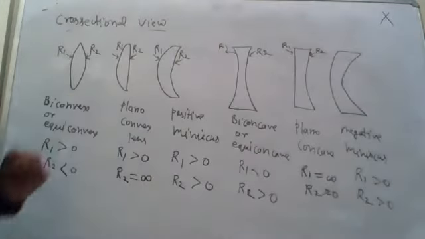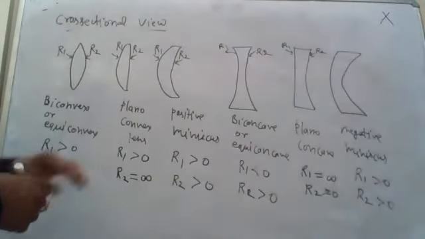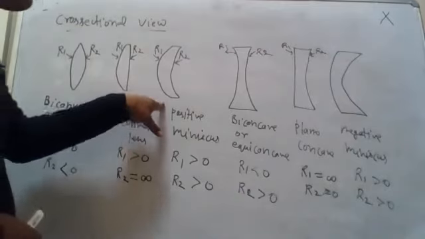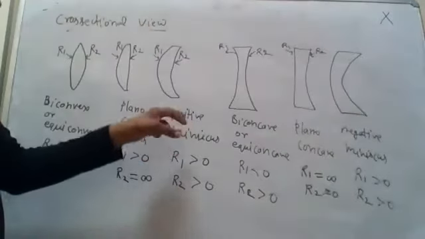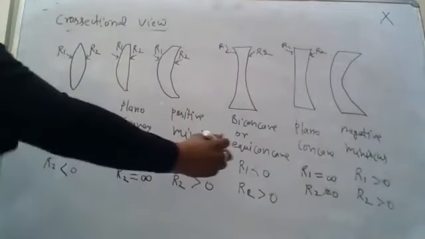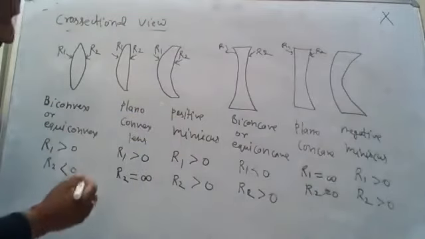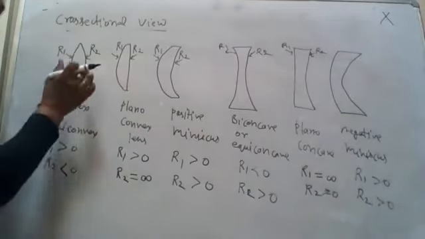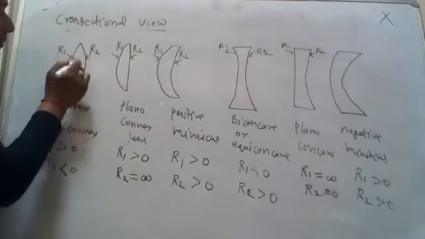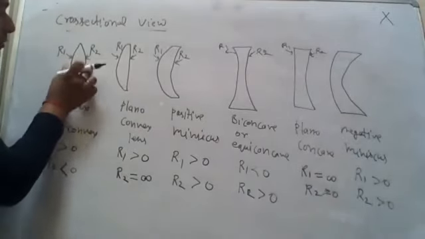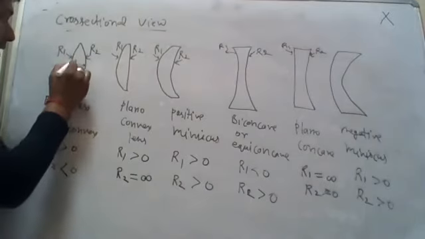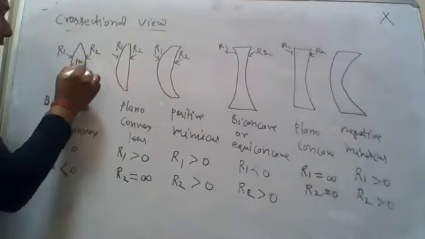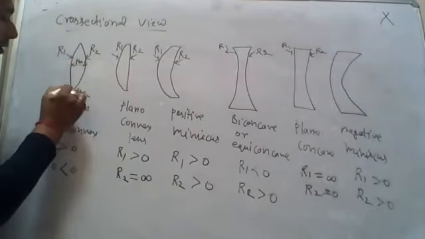Basically, this is known as the positive meniscus and this is known as the negative meniscus. By the name also you can see that this is positive, because what is a positive lens? A positive lens is very thick at the middle and thinner at the edge. Here it is thick, here it is thin.